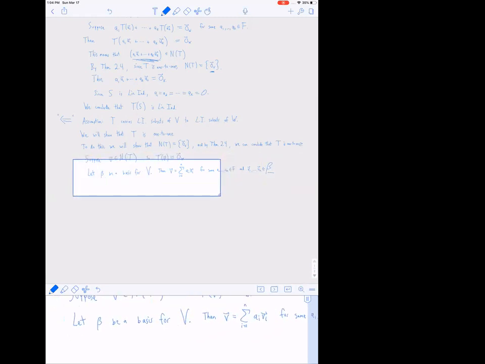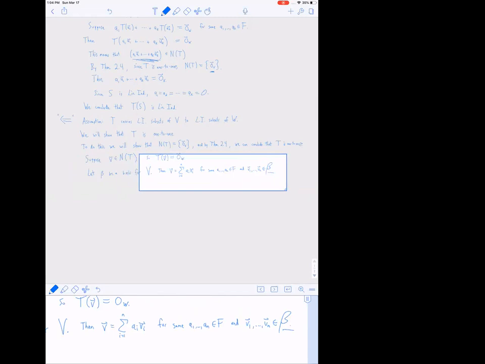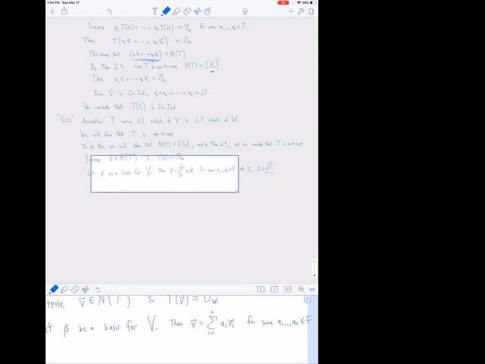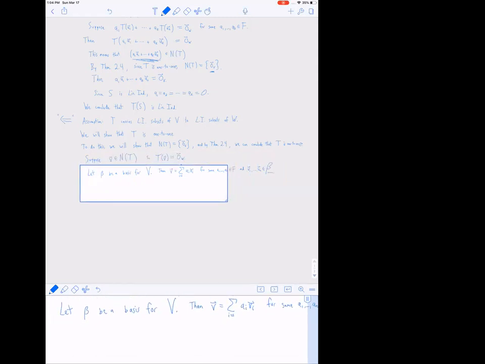Let beta be any basis because every vector space has a basis. Then every vector can be represented as a linear combination of the vectors from that basis beta. Moreover, the basis beta is linearly independent. So now we're going to be able to get somewhere.